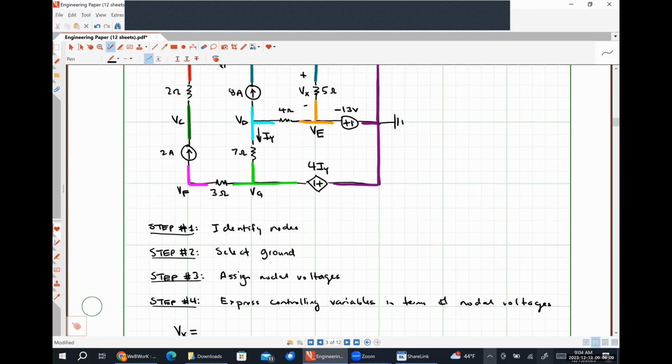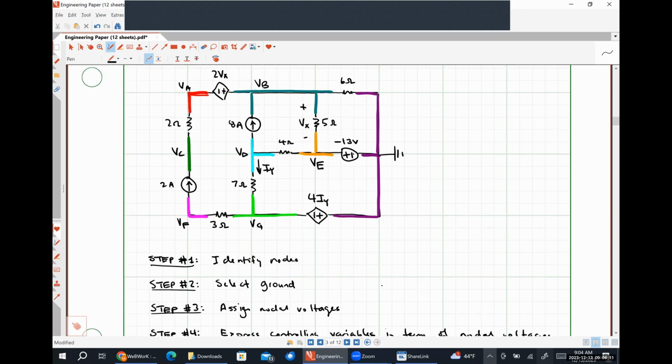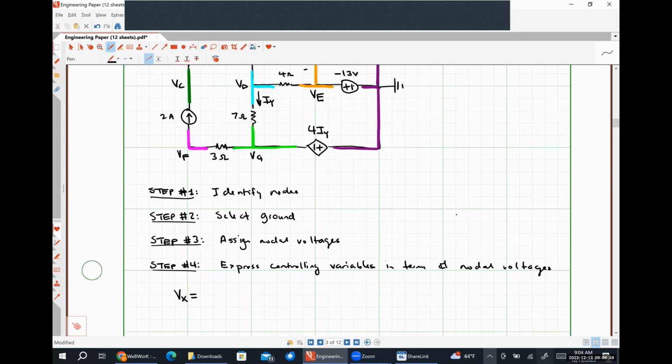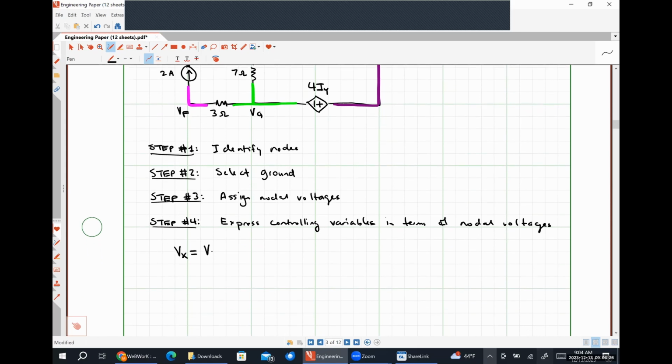Who wants to take a stab at telling me how to express the voltage Vx in terms of my nodal voltages? Patrick. VB minus VE, absolutely correct. Thank you for that.